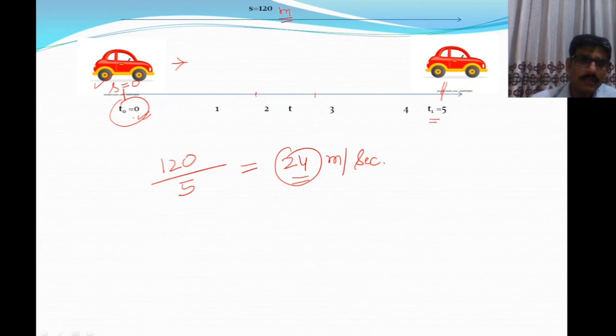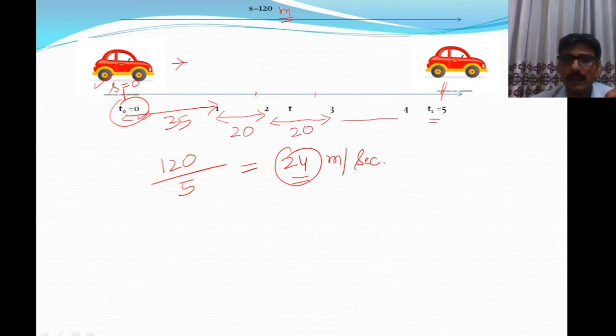We can understand this in another way. Suppose in the first second the car covered 35 meter, in the second second it covered 20 meter, in the third second it also covered 20 meter, and in the fourth second, suppose 35, and in the last, if we add all these values, we can conclude that the car covers 10 meter.